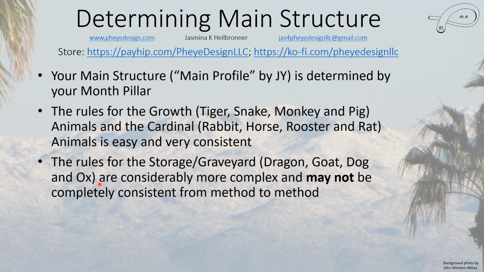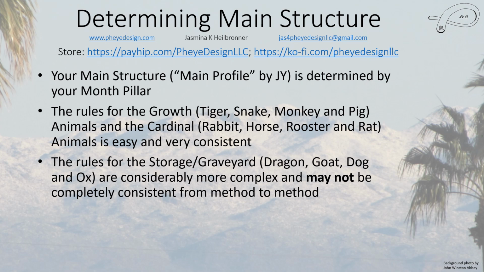Because this is the ground, this is where you bury things, this is where you can store stuff. And it's also, of course, the graveyard, because that's where we bury people. So it is very consistent in that way. Now, it may not be completely consistent from method to method, and it can get quite complicated.